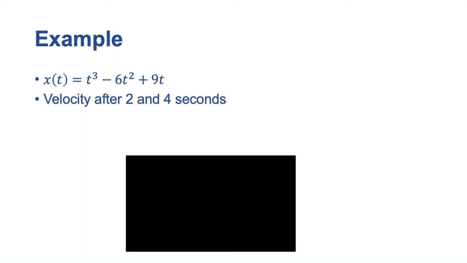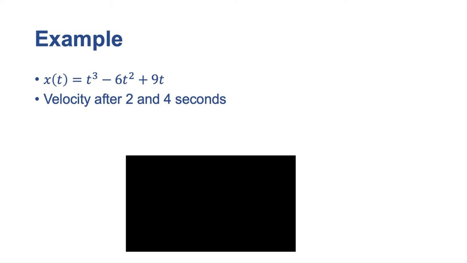Okay, so we're going to start with a particle motion, and we're going to be given a position function. x of t is equal to t cubed minus 6t squared plus 9t. And they're asking us to find the velocity after 2 seconds and after 4 seconds.